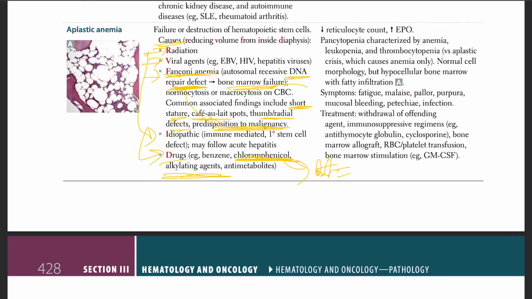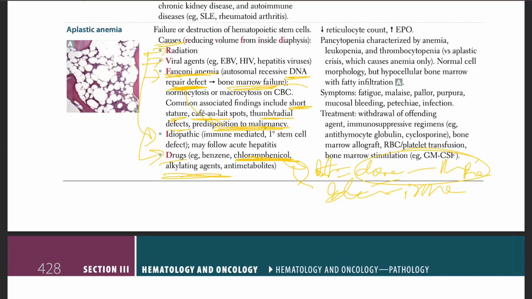You have dose-dependent pancytopenia: you increase the dose, that causes pancytopenia, and it could be reversible. Or it also causes irreversible, dose-independent aplastic anemia. If you have a dose-independent one, you can have an irreversible effect. But if you have a dose-dependent one, as you increase the dose you have pancytopenia, that is reversible.